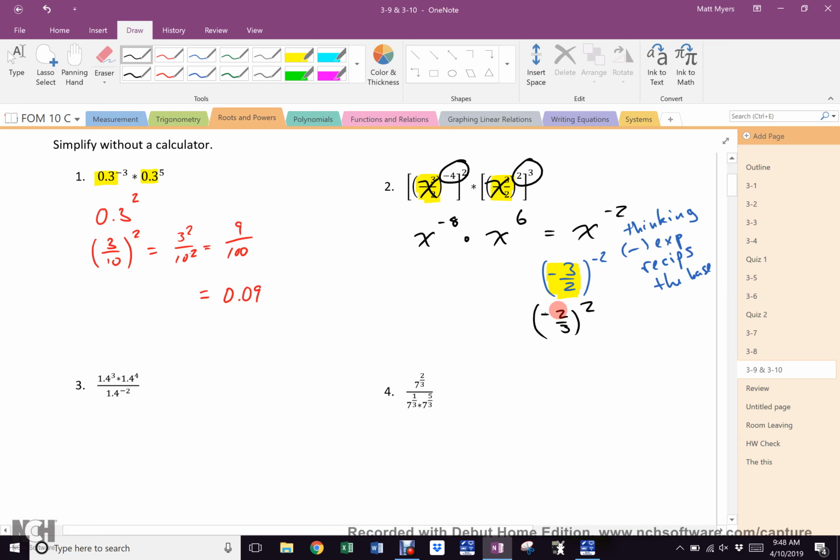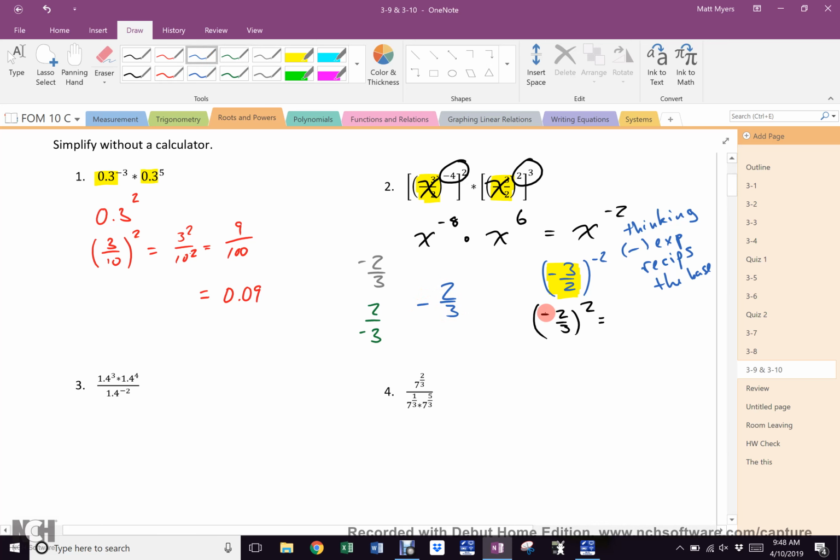No, the whole thing. So now, what does this mean? Where does that 2 go? Here is the next mistake you're going to make. Some of you still do not understand that negative 2 over 3, 2 over negative 3, and negative 2/3 are all the same thing.